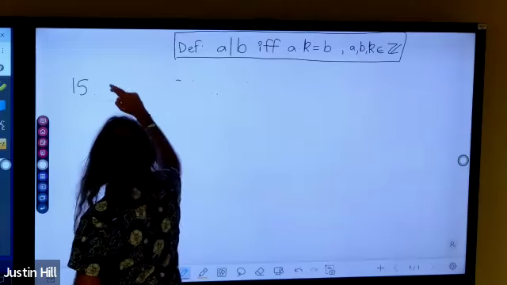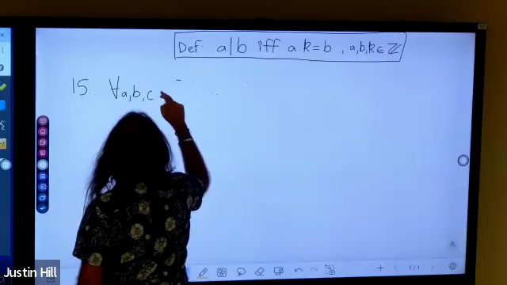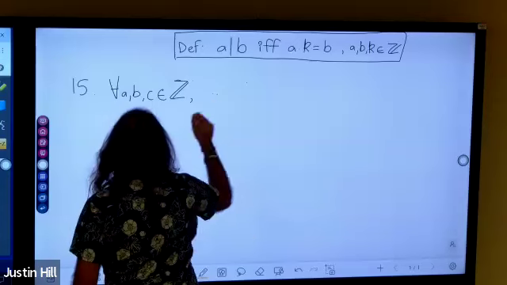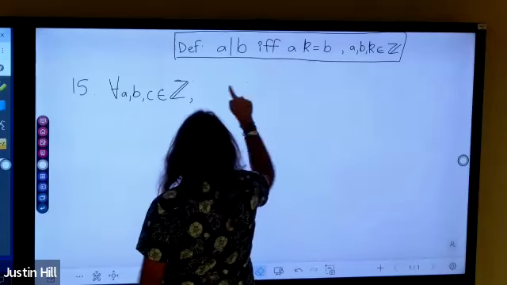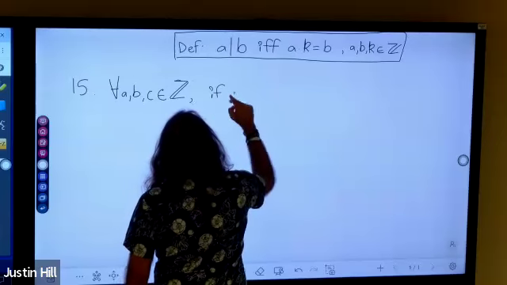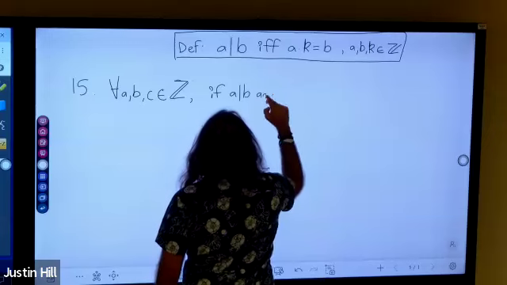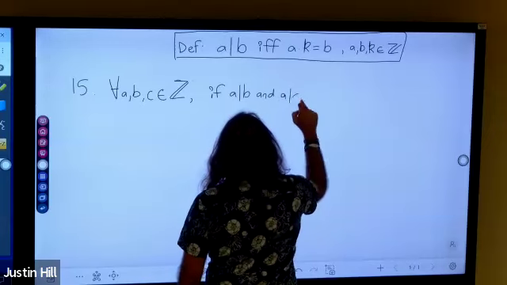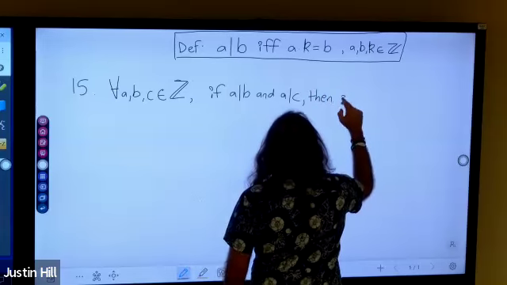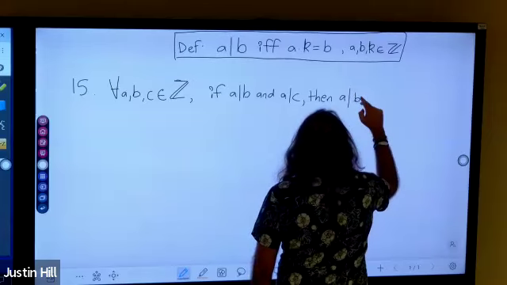So I want to prove for all integers A, B, and C, if A divides B and A divides C, then A divides B plus C.